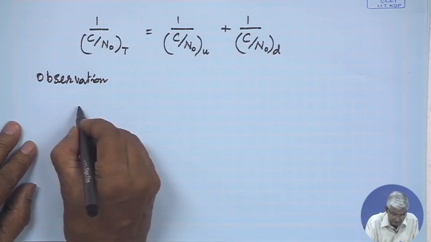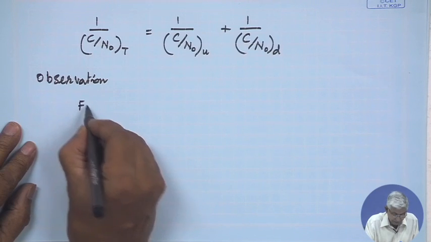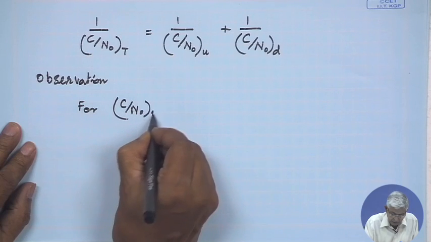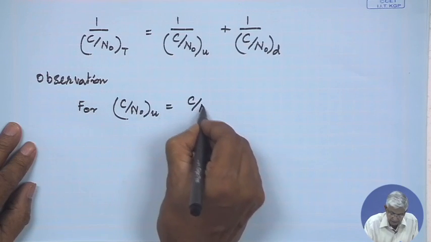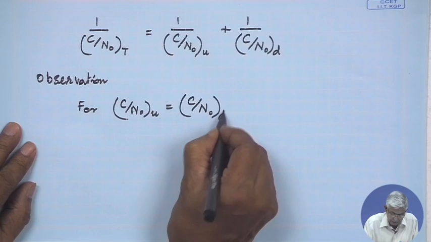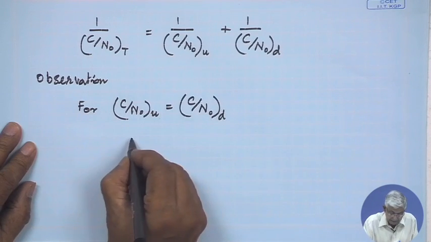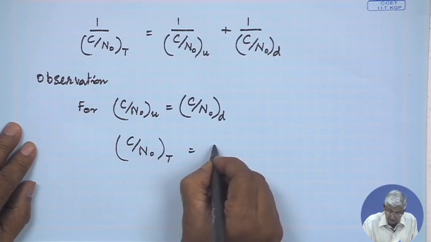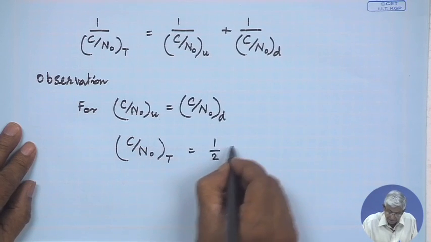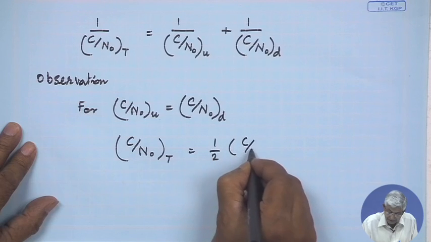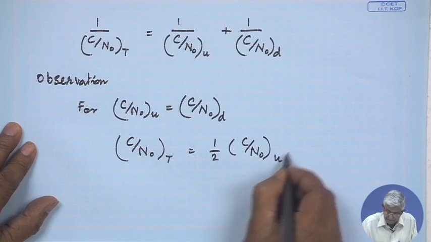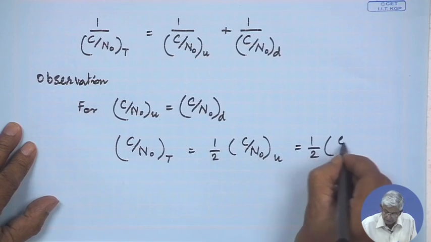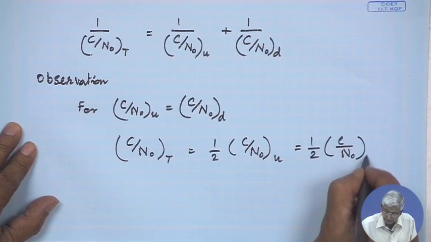For the condition where C by N0 up is the same as C by N0 down, the C by N0 total is half of either C by N0 up or C by N0 down.